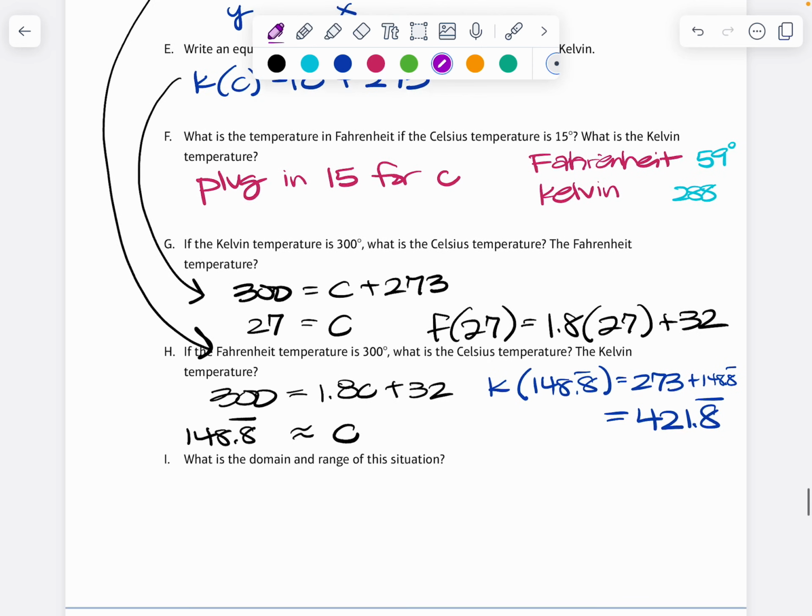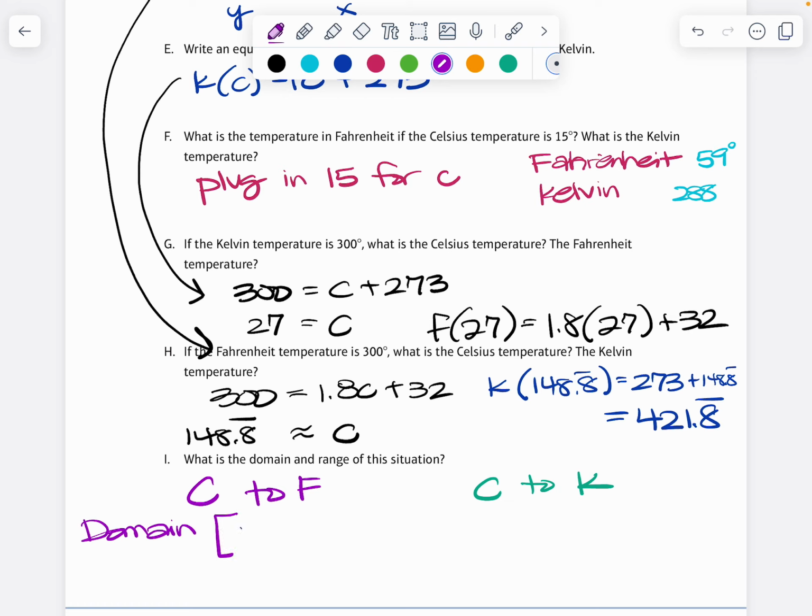It says, what is the domain and range of the situation? So let's do Celsius to Fahrenheit, and then I'll do Celsius to Kelvins. I have two different ones, right? So let's do the domain. You're going to look back either at your table or your graph. I'm going to look at the table. What's the smallest x value, or Celsius?